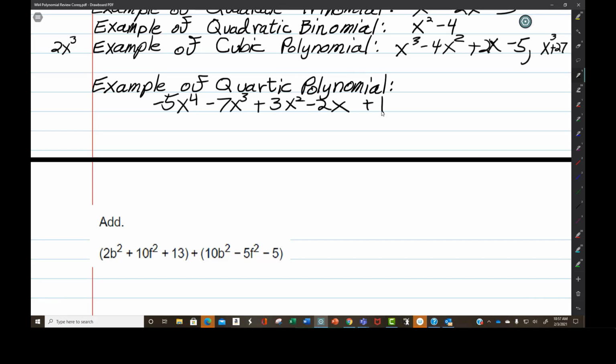That would be a typical quartic polynomial. Of course, you could have a quartic monomial, a quartic binomial, a quartic trinomial, but that's just what I decided to make up. Notice you have a 4th degree term, a 3rd degree term, a 2nd degree term, a 1st degree term, and a 0 degree term.